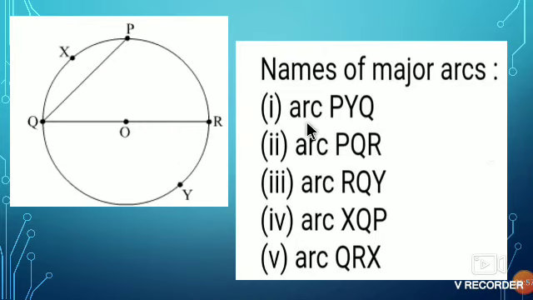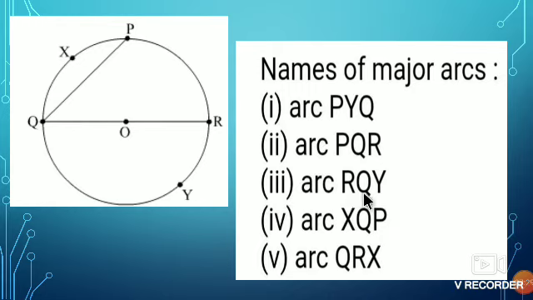Some major arcs here: arc PYQ is a major arc. PQR, when P and R are the end points, is a major arc, and if P and Q are the end points, then this first arc PYQ.